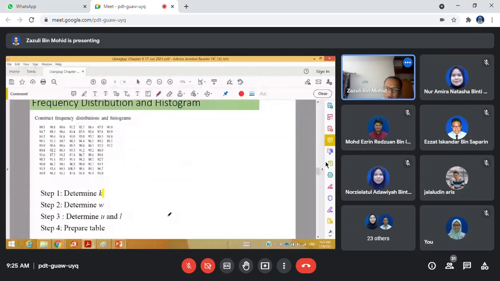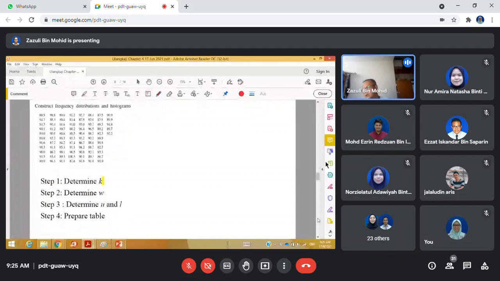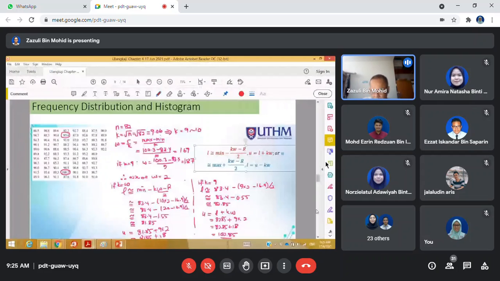If you are using a computer in your final exam, retype all of the data, and then you can select the maximum and the minimum value. For this data the maximum is 100.3, and the minimum is 83.4. Then you have to calculate the value of W and K.